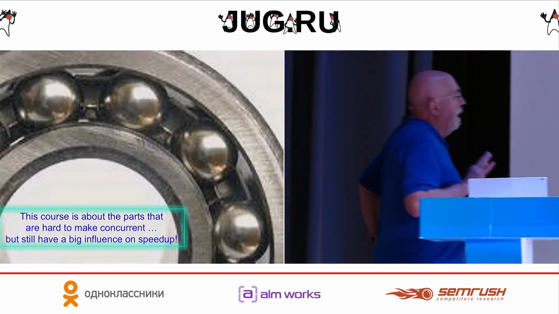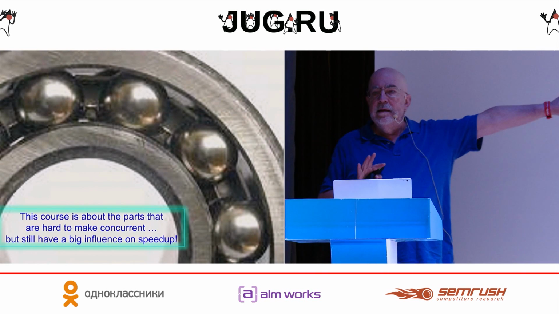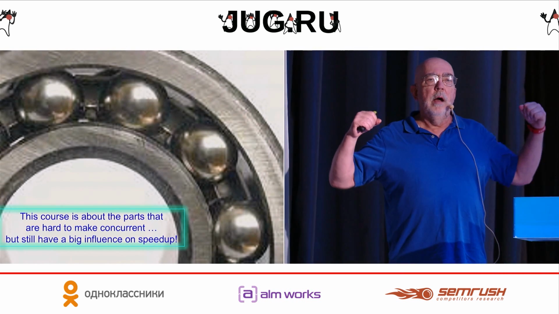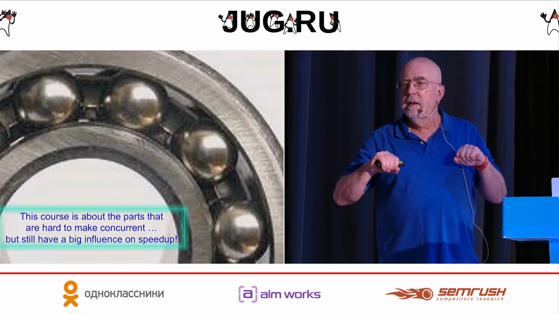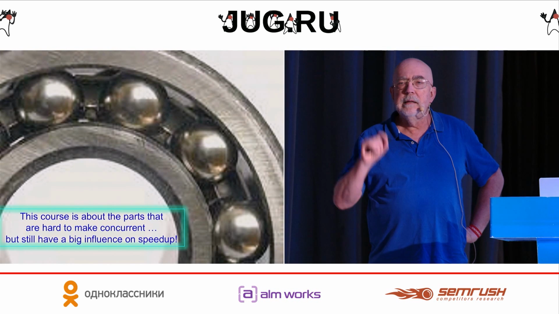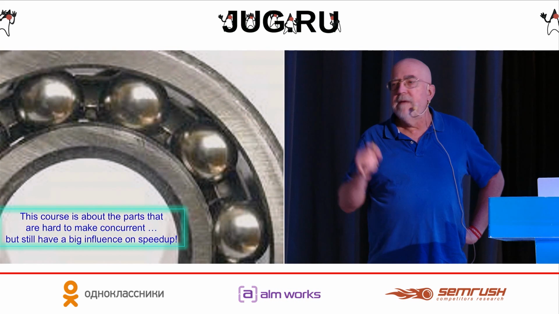And so what I want to talk about here are the ball bearings of your concurrent software. These are the pieces where different parts of your code grind together. This may be only a small part of your code, but it is extremely important to have that work in order to make your programs run fast.